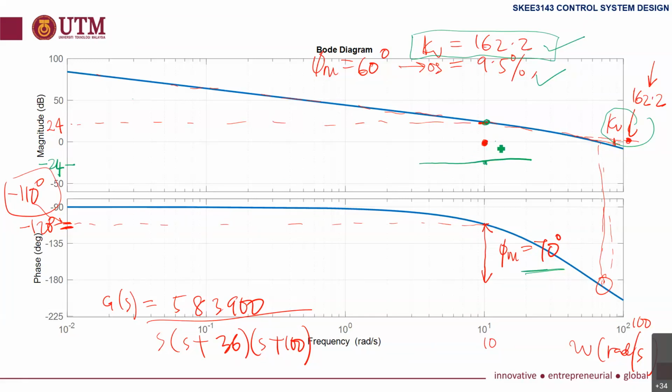How can we proceed to design? We take the frequency here, let's say 10 radian per second. Our interest is 1 decade before that.